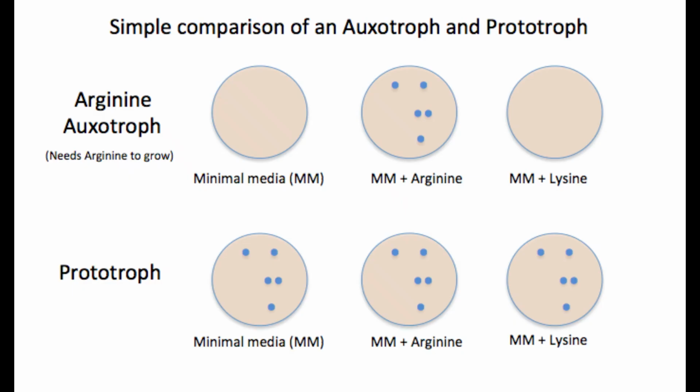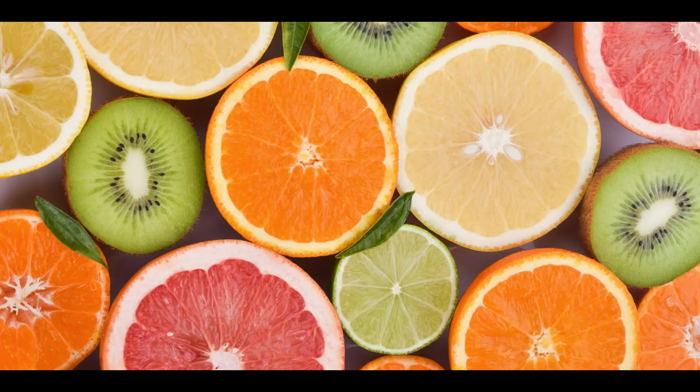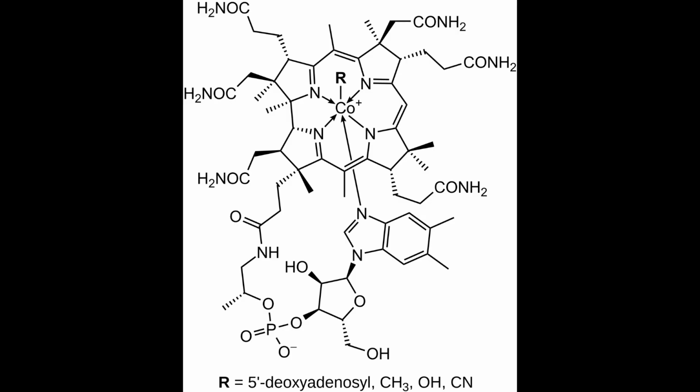This brings me to another principle of microbial ecology, that being auxotrophy versus prototrophy. Prototrophic organisms can synthesize all the metabolites that they need, such as amino acids and enzyme cofactors, what we call vitamins. We famously can't synthesize the essential amino acids, along with many vitamins such as vitamin C and B12, hence we are auxotrophic.